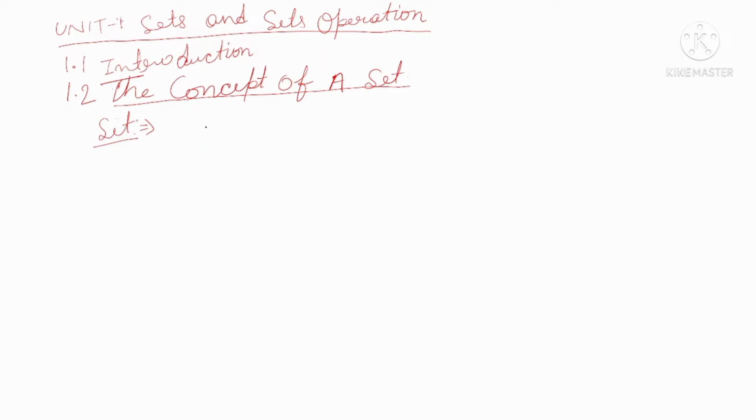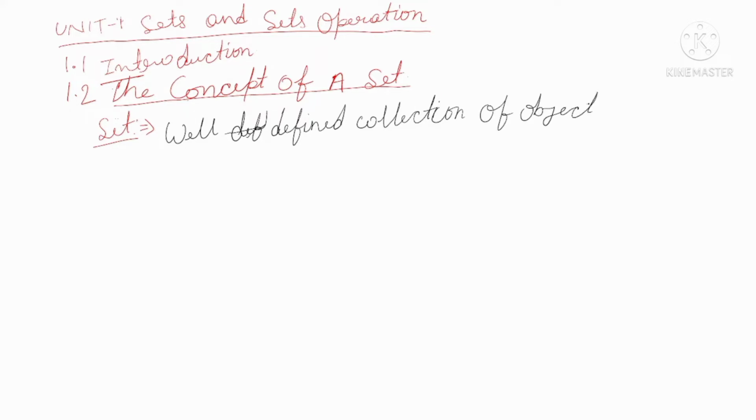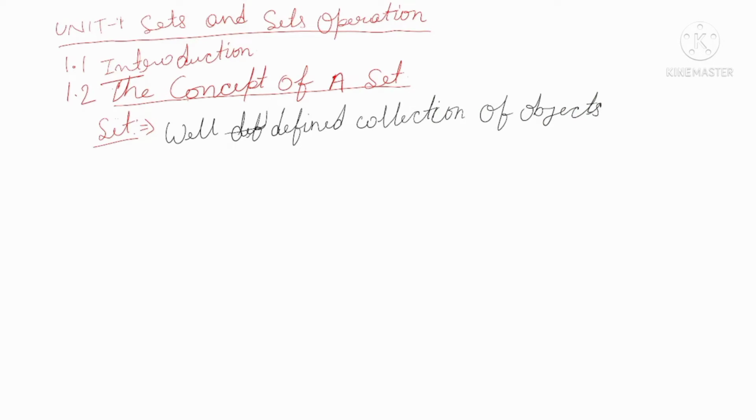So what is a set? A well defined collection of objects. I can write down: well defined collection of objects. Any well defined collection of objects can be called a set.